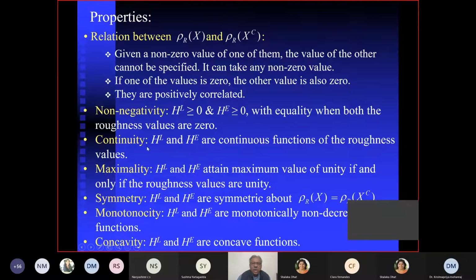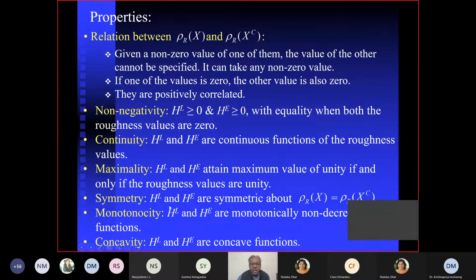Non-negativity: logarithmic entropy and exponential entropy are greater than or equal to 0, and 0 comes only when both the roughness values are 0. Continuity: they are continuous functions of the roughness values. Maximality: logarithmic entropy and exponential entropy attain the maximum value of unity if and only if the roughness values are unity. So if one of them is 0, the other is 0. If both of them are unity, then it's unity.